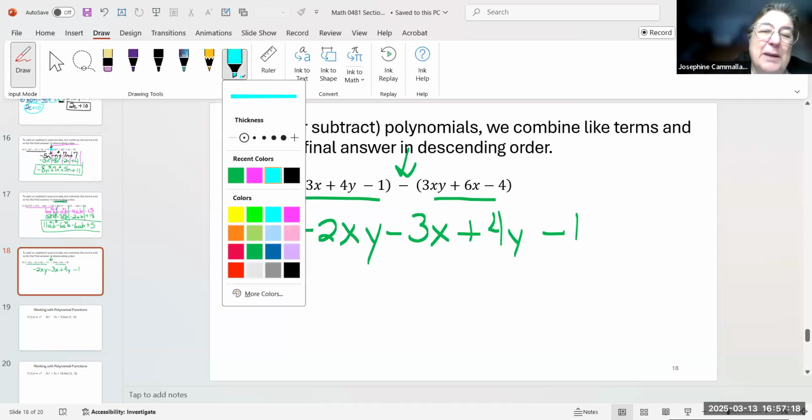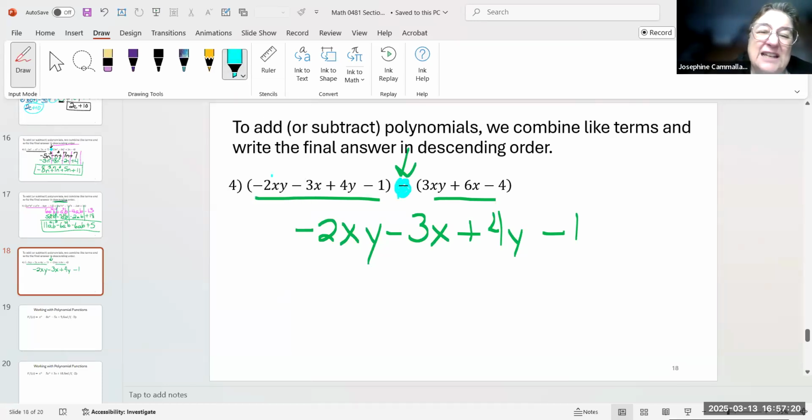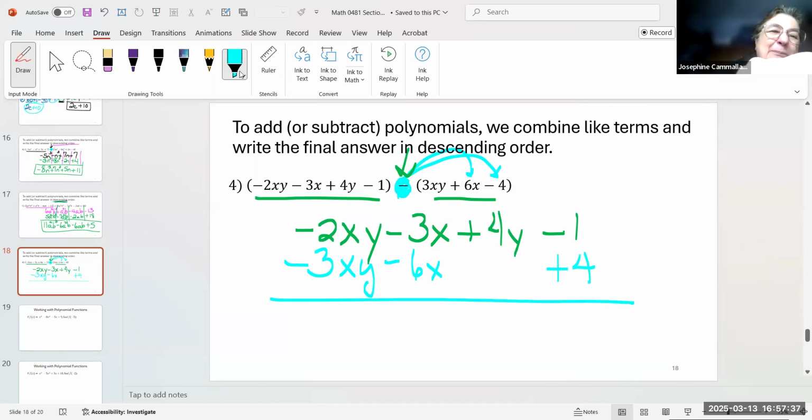Now, the beautiful part about this negative sign, this will give me a negative 3xy. This will give me a negative 6x. But notice way over here, this is giving me a positive 4.